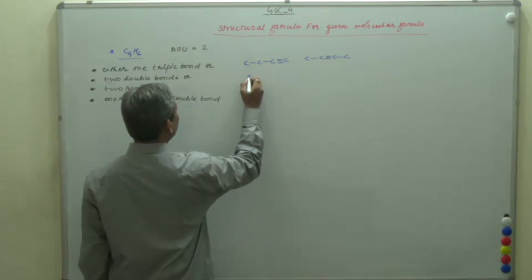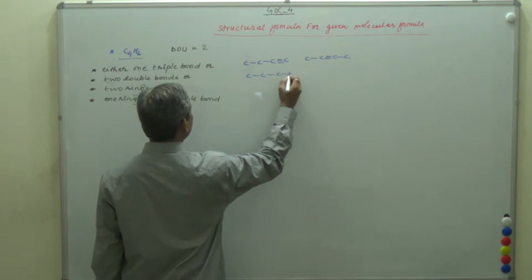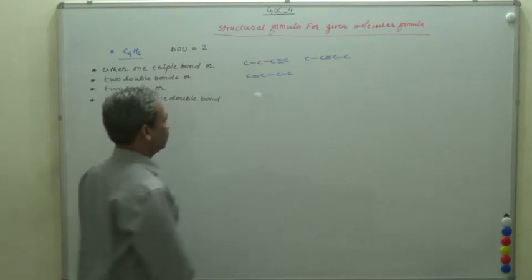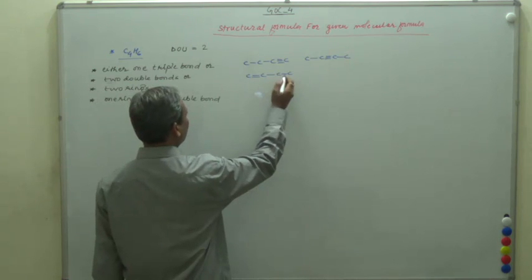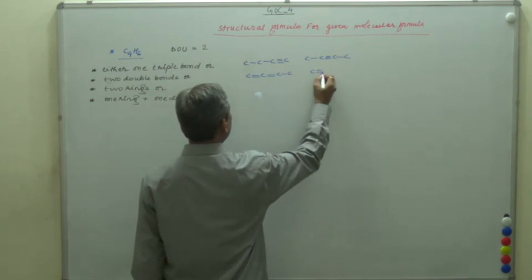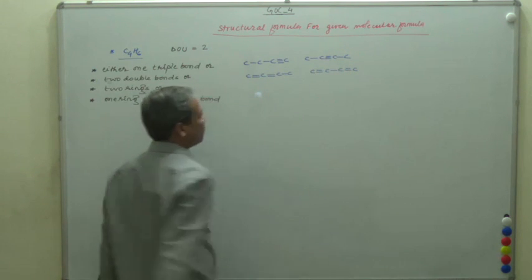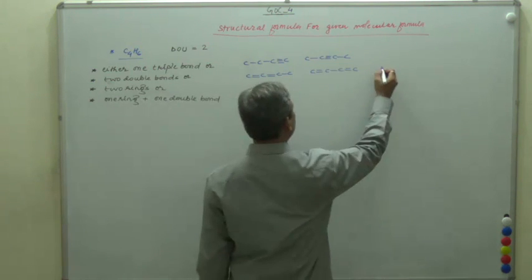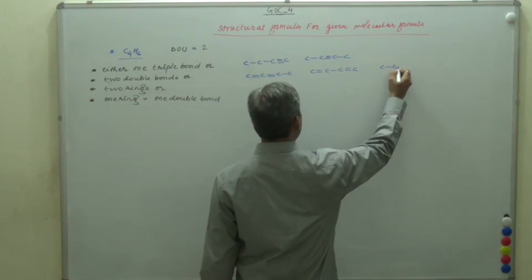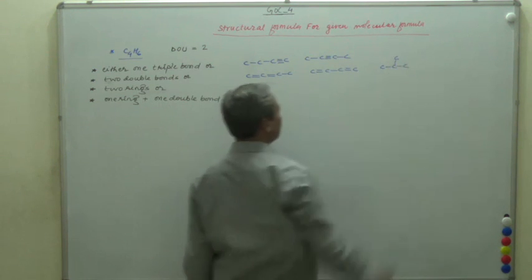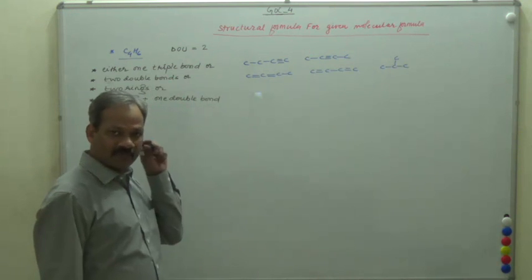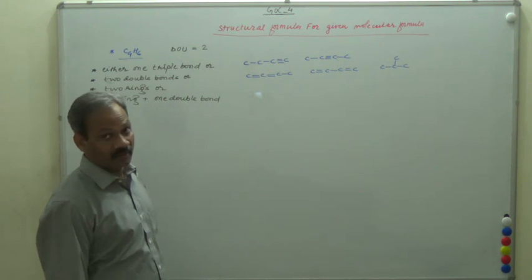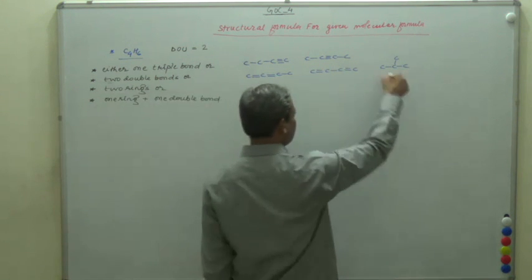Now to draw 2 double bonds, in the first possibility, this is the first double bond, and the second double bond can be drawn either here or there. If we make this type of skeleton for 4 carbon atoms, then we can't draw 2 double bonds. So that's why this type of skeleton is not possible.